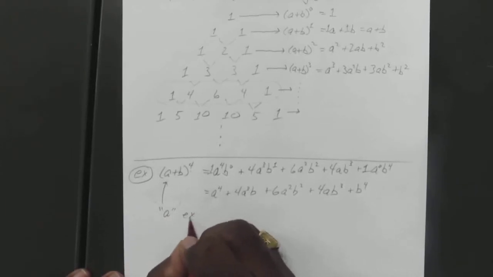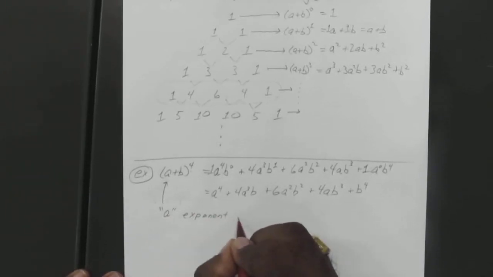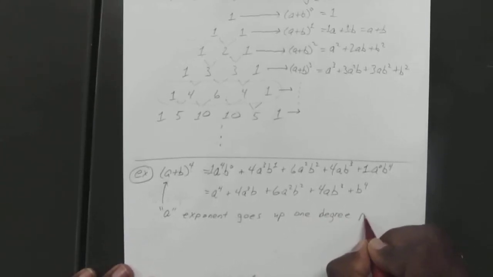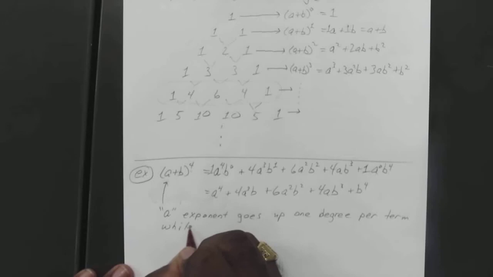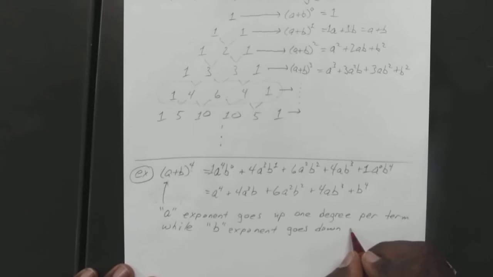The a exponent goes down 1 degree per term, while the b exponent goes up 1 degree per term.